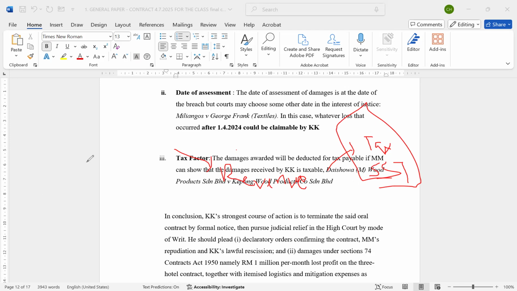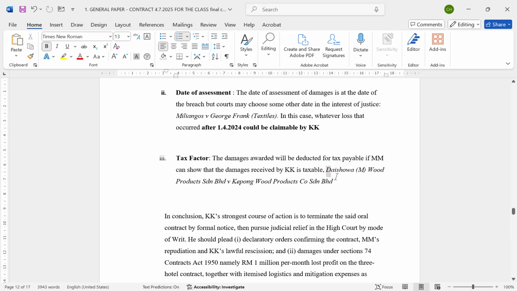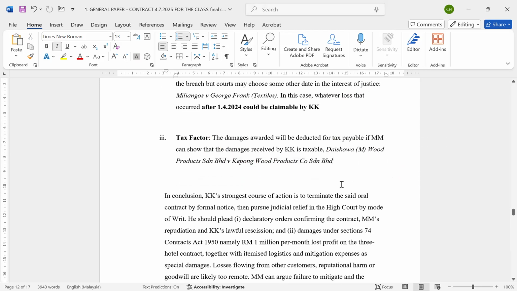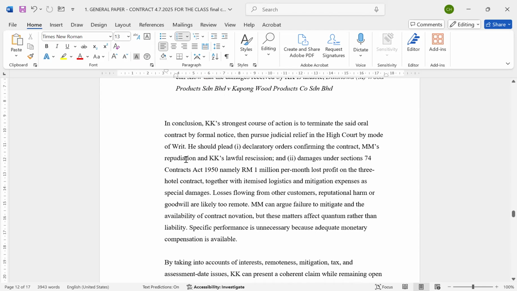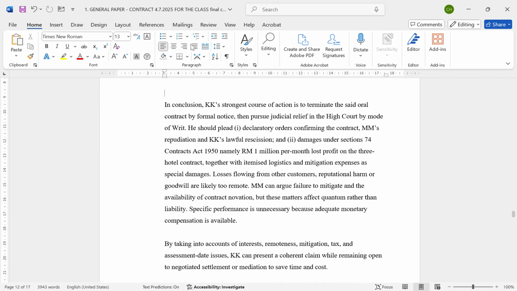Okay, he will not get the full sum like that without the need to deduct the tax. Okay, so Daishawa case. Okay, so in conclusion, KK's strongest course of action is to terminate the said oral contract.